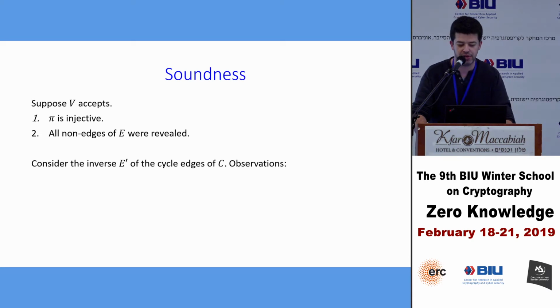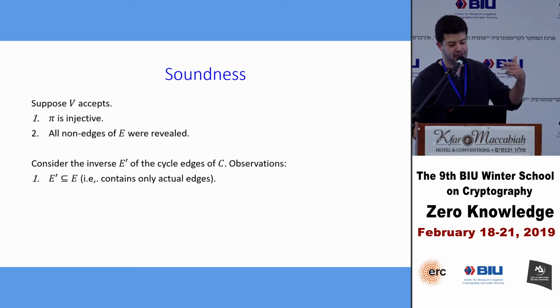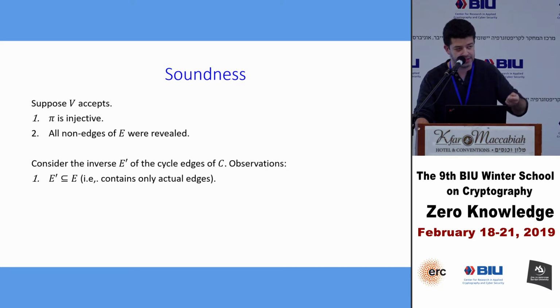So let's think now about the inverse E prime of all of these cycle edges of our graph C from the CRS, or from the hidden bits. And observe that, first of all, this set E prime, this inverse, has to actually contain edges, because none of these were revealed.